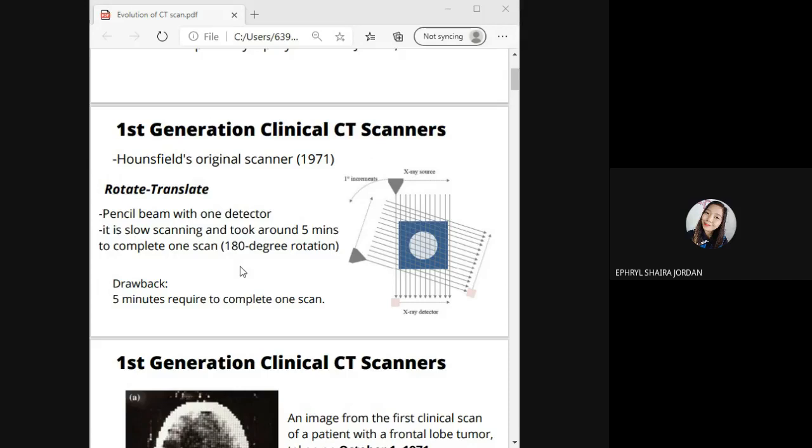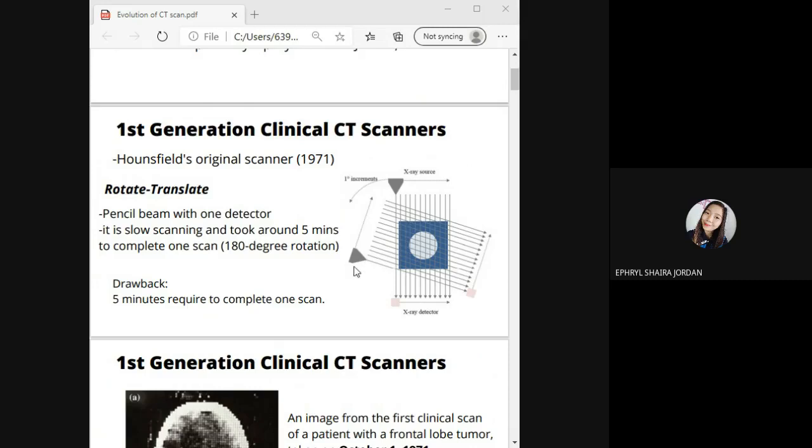One scan refers to a 180-degree rotation. So this generation of CT scan has a mechanism of rotate-translate. Rotate-translate means after one scan, after giving off X-rays, it will rotate 1 degree, and then simultaneously it will translate the data.